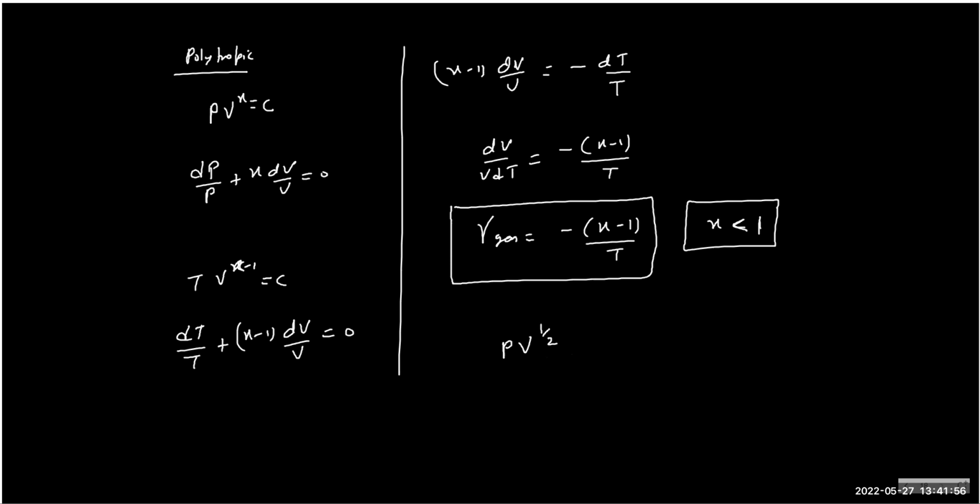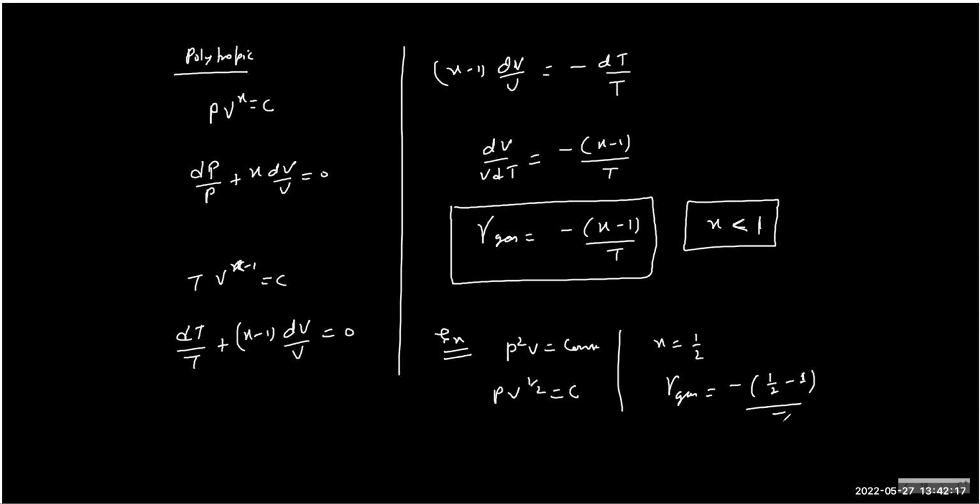They may give you a question like this. Therefore, x is 1 by 2, and gamma of such a gas will be minus (1 by 2 minus 1), which is 1 by 2T, right?